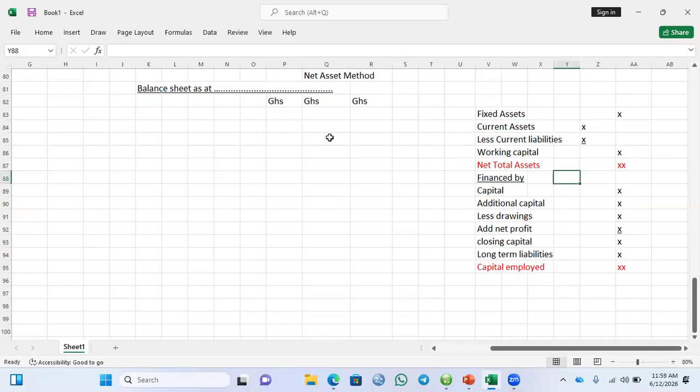List the current assets, list the current liabilities. But this is how you prepare your balance sheet. If you're able to understand this method, you can manipulate it into other forms, right? But for now, let's concentrate on this presentation method.